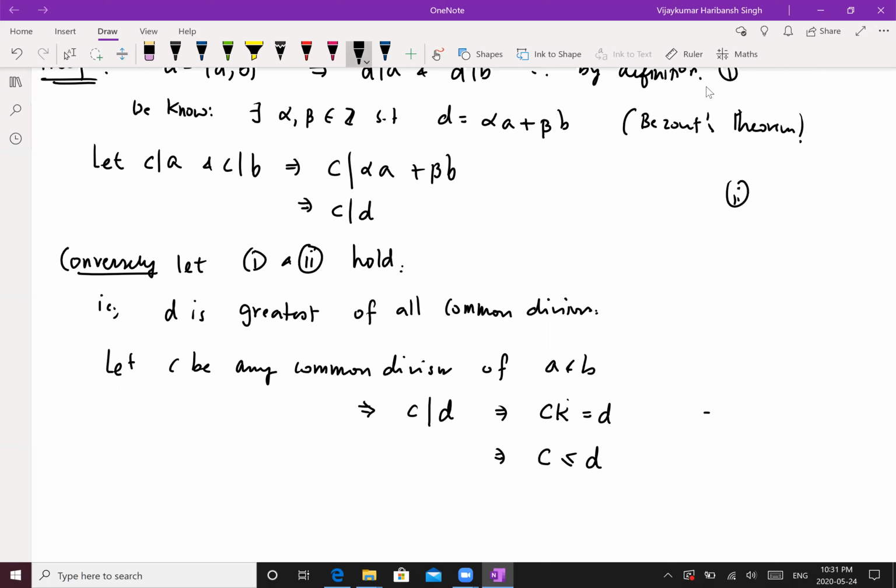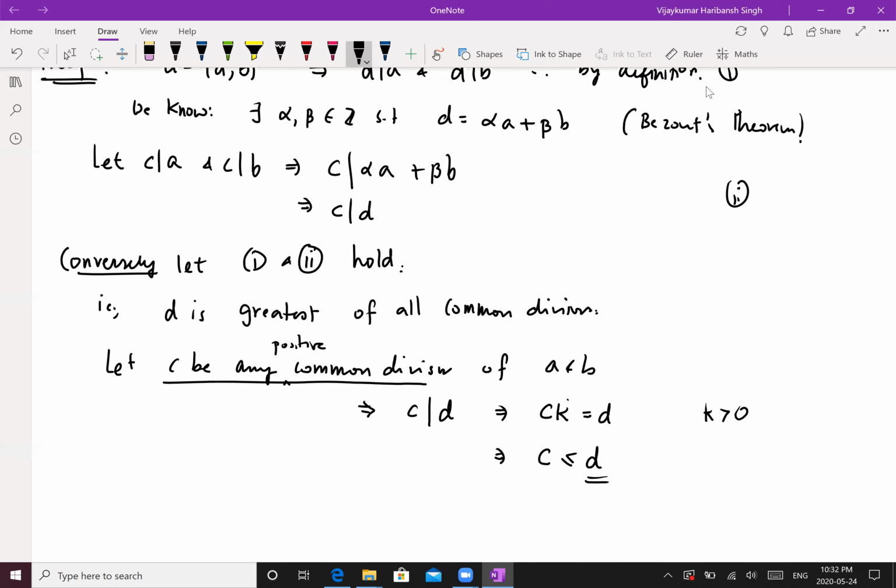So if you only consider the common divisor, let's take it to be a positive common divisor. In that case, what will we get? We get K is greater than 0. So this would mean that C is less than or equal to D. So D is greater than any divisor.